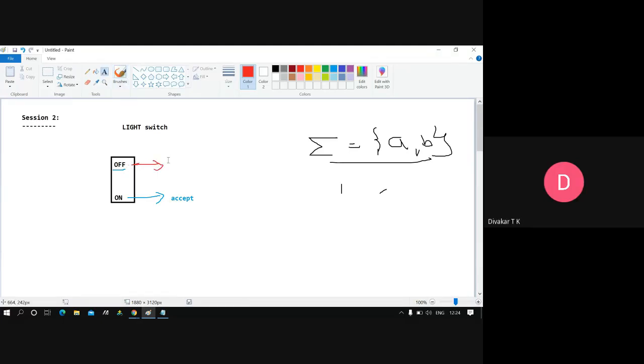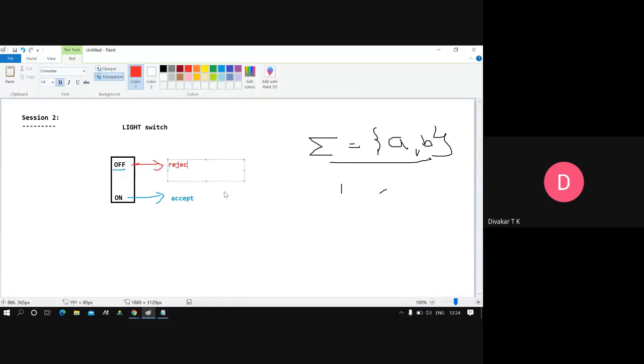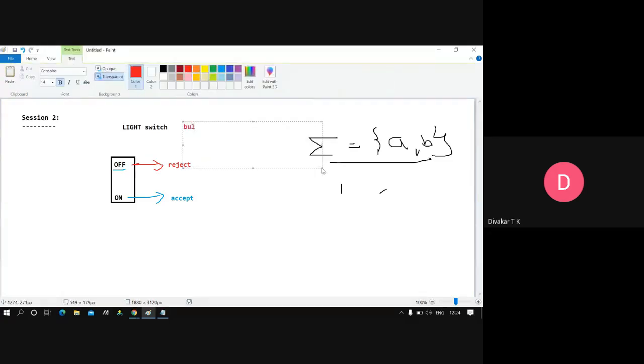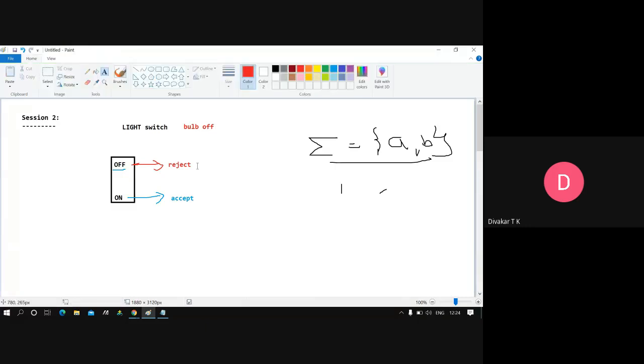So this is what I needed. If it is off, it will be rejected, meaning the bulb will get off. If it is on, it is accepted and the bulb will get on. This is the fundamental thing. In TOC we are learning acceptance and rejection.